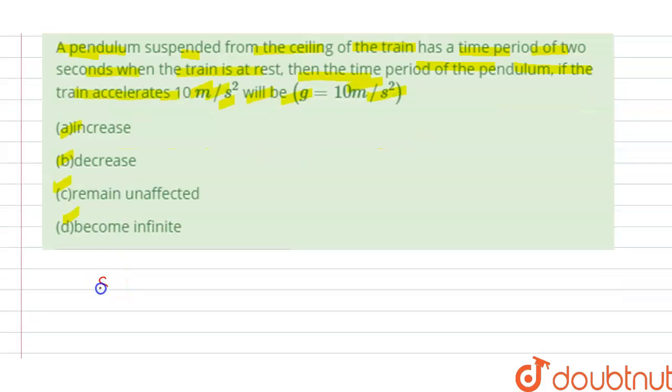So the solution of this question is: we have the relation time period equals 2 pi root of length divided by g.